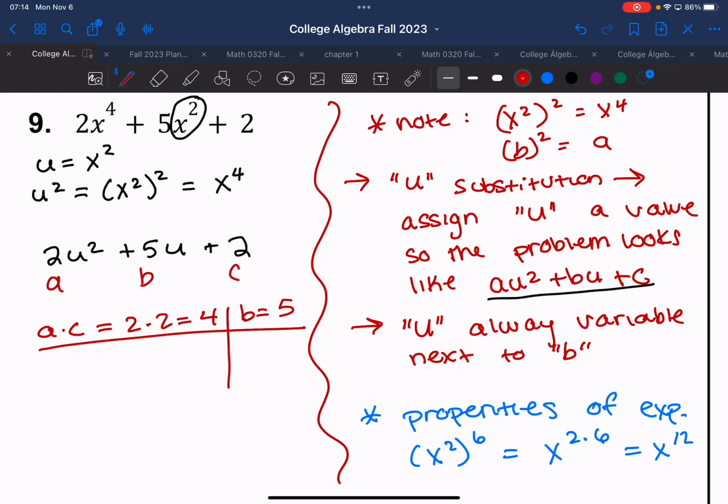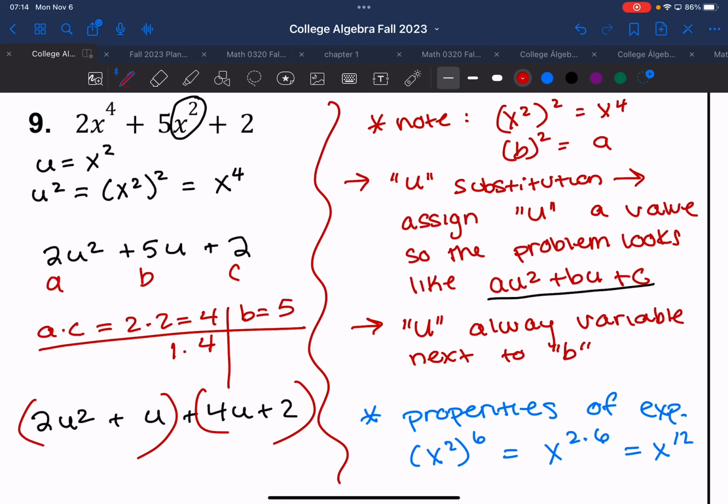So what are two numbers that multiply to 4 but add to 5? 1 times 4. So that means we have 2u squared plus u, because I don't need to write 1u, plus 4u plus 2.